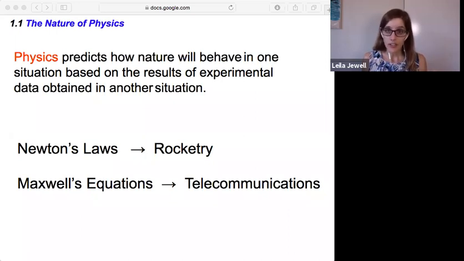And from that, we have telecommunications, right? We have cell phones and all sorts of other devices. Out of one scenario, we learn something entirely different. So sometimes physics seems a little bit abstract and theoretical, but it's because we're learning the things that can be applied to a variety of situations.